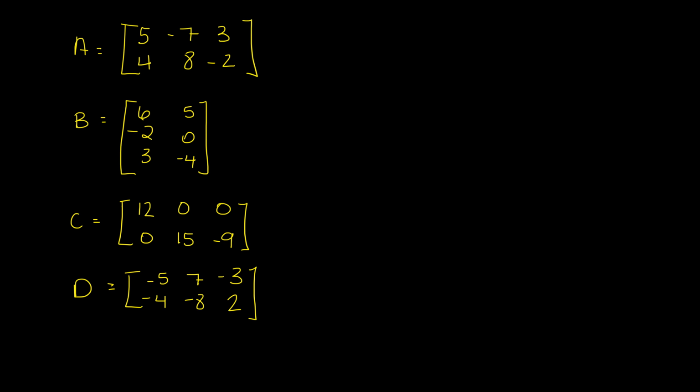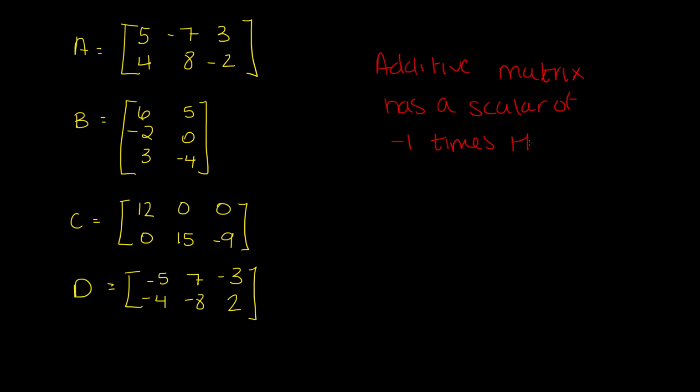So I could now say that the additive matrix is a scalar of negative 1 times the matrix. So again, A would be negative 1 times A, and that would be the additive matrix.